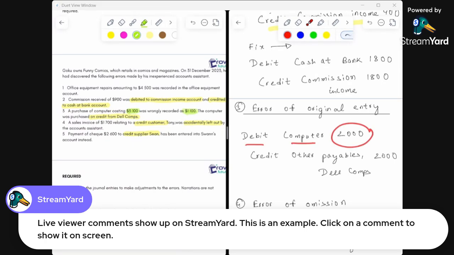And at the same time, we have to increase our obligation or liability to Dell Computers by $2,000. And when liabilities increase, we credit them. So you can see I've written here other payables, Dell Computers. The reason I wrote other payables instead of trade payables is because this is not the purchase of inventory.